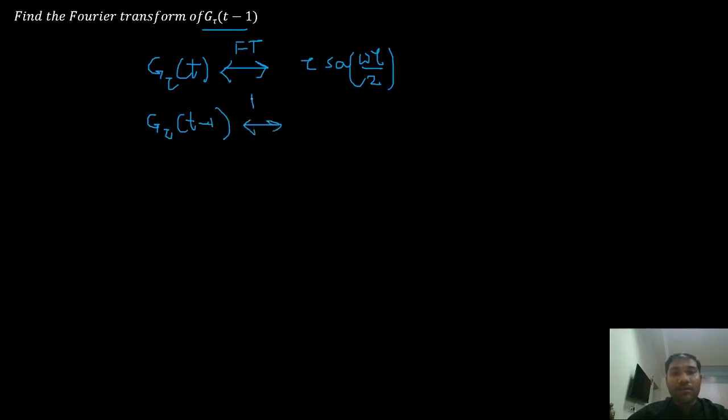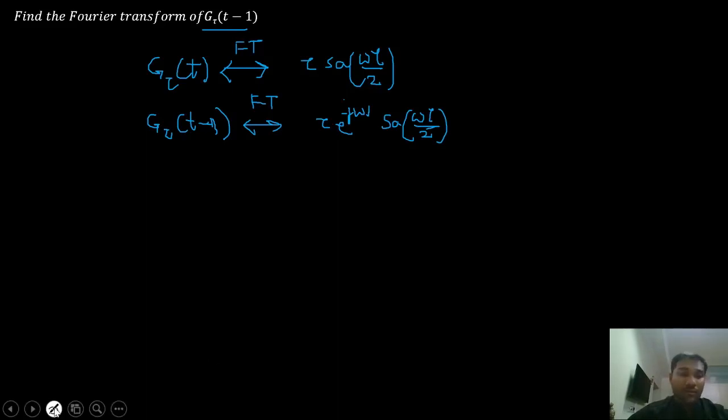t minus 1. So what happens if there is a shift in time? We'll introduce a corresponding phase shift. How much phase shift will we introduce? It is going to be e power minus j omega into 1, so the phase shift is e power minus j omega.